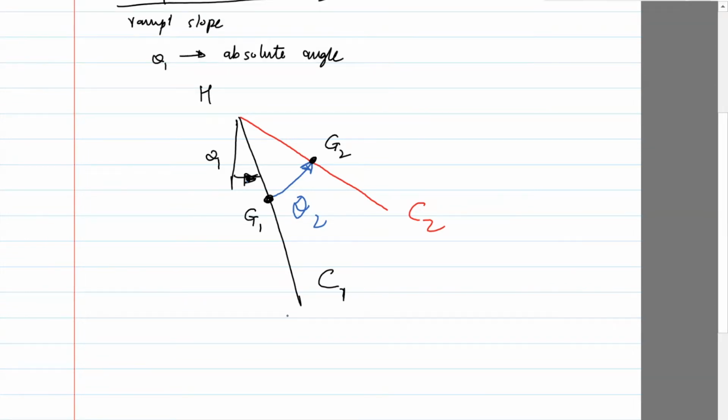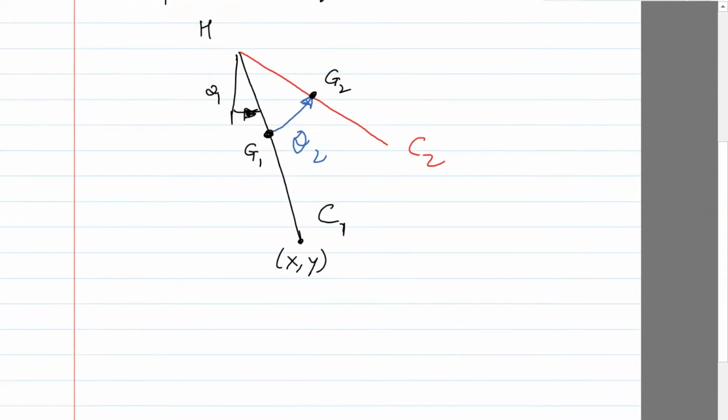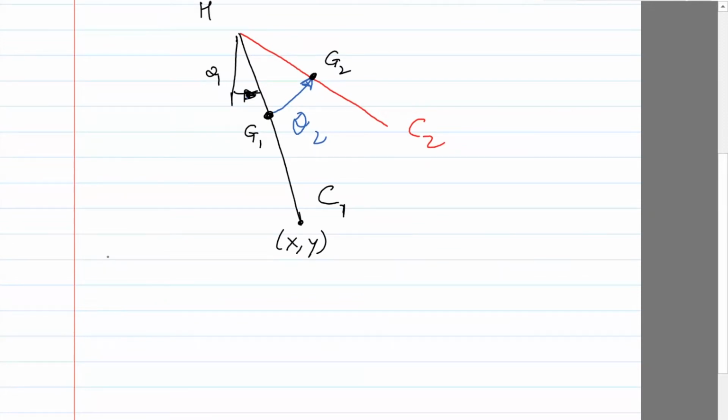I'm going to assume that this point, that is the stance leg, has coordinates x comma y. This way of deriving the equations, where we have x, y, theta 1 and theta 2, is what is known as a floating base, because we not only have theta 1 and theta 2, which are the degrees of freedom of the legs, we also have x and y.